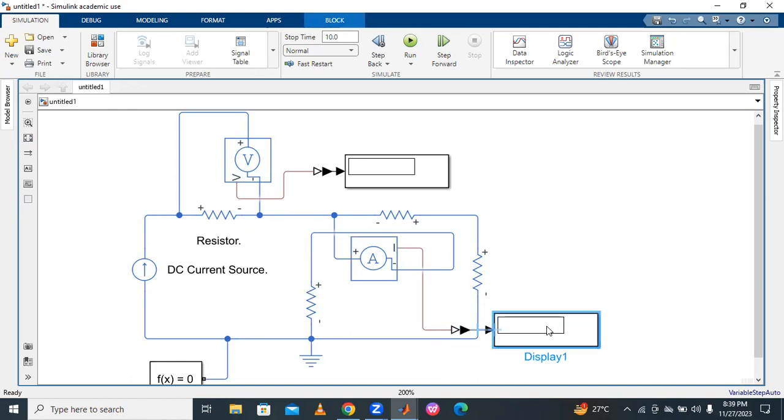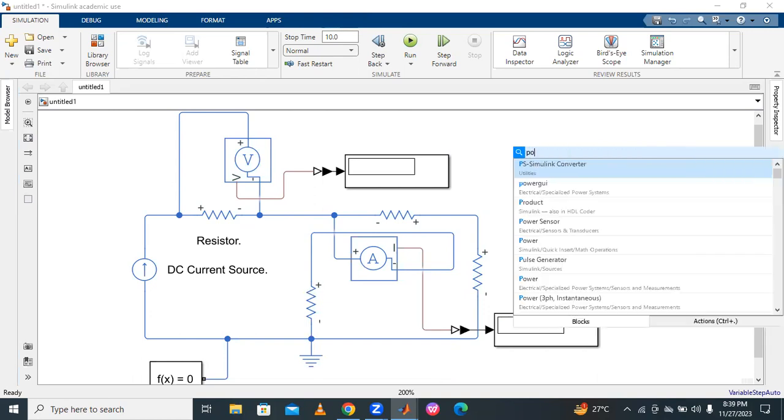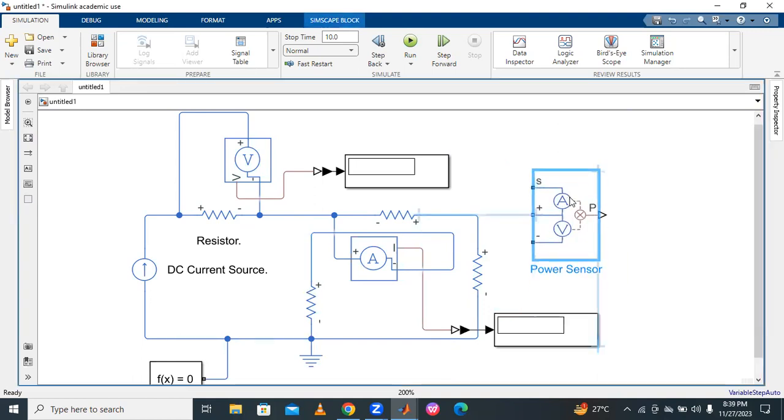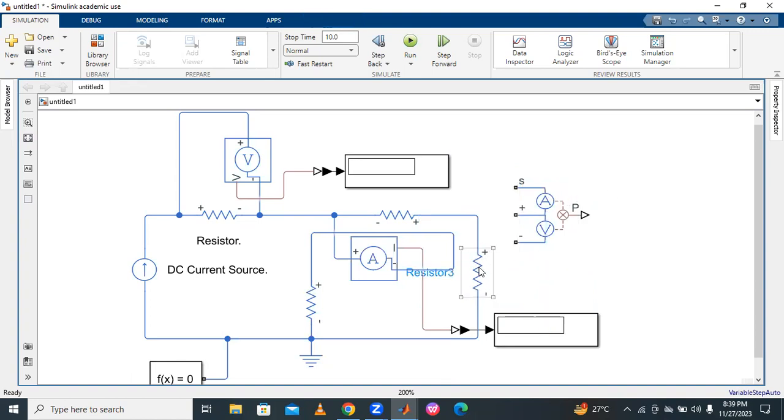Next, to measure the power, one power sensor is required. Here I want to measure the power across this resistor R3. That's why connect it like an ammeter, in series into the branch.